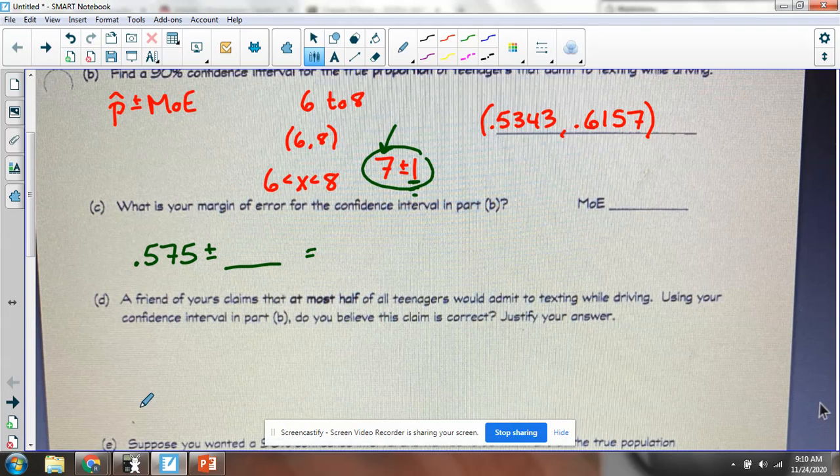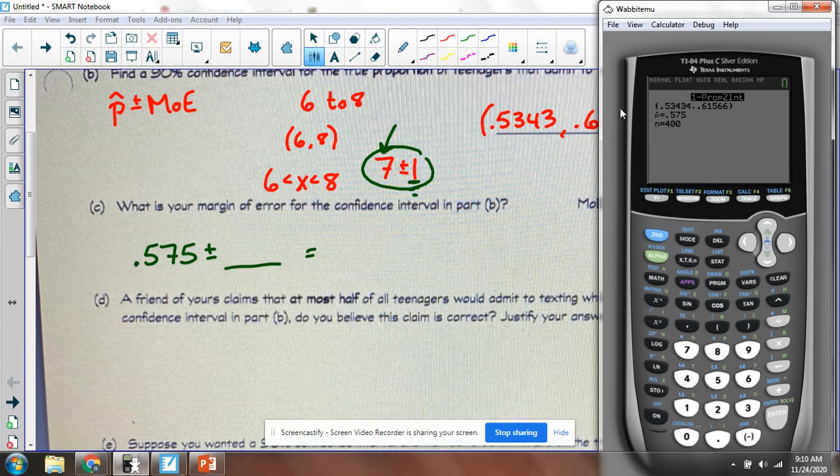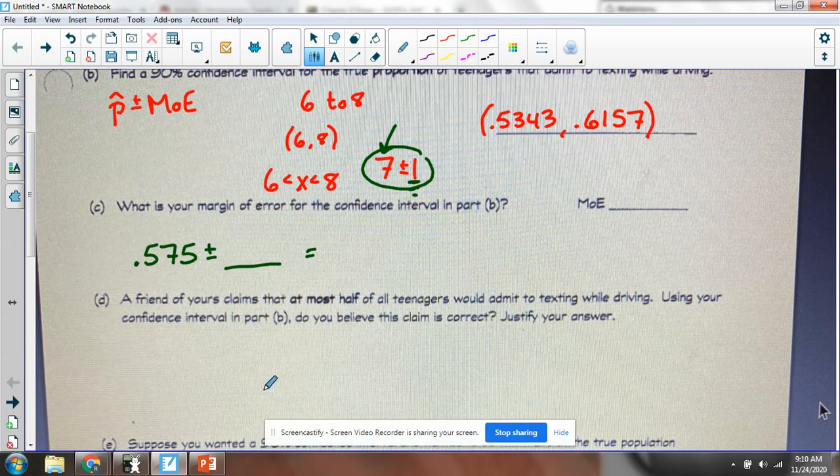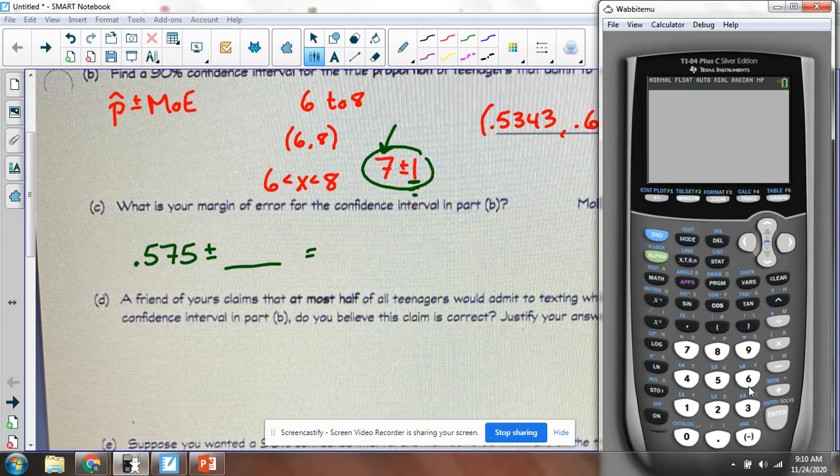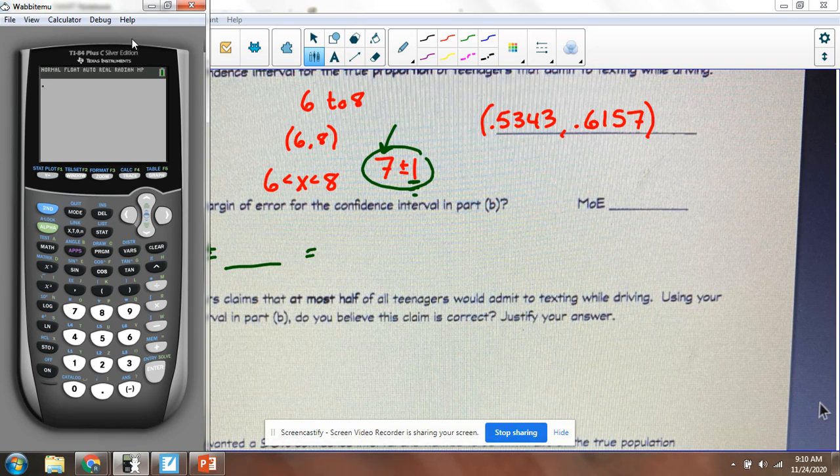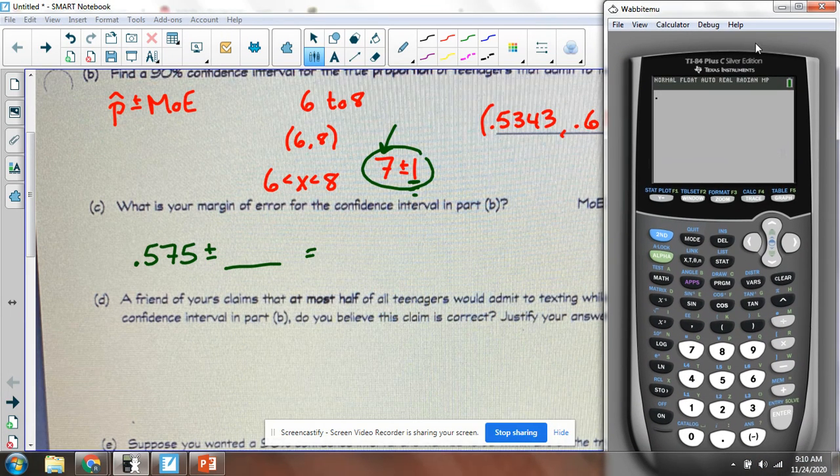To figure out what that is, just take the upper number, 0.6157, minus 0.575.